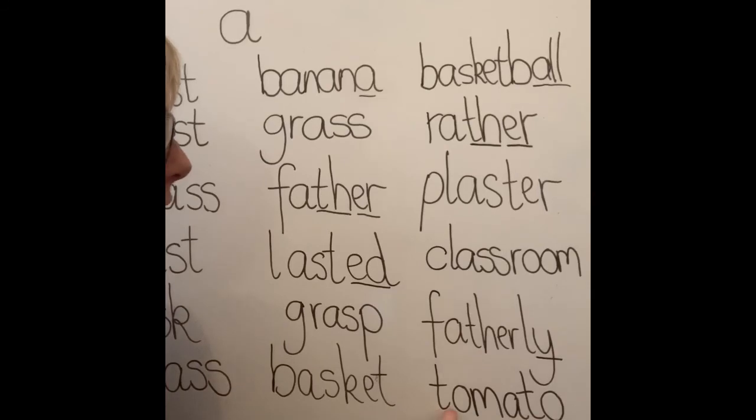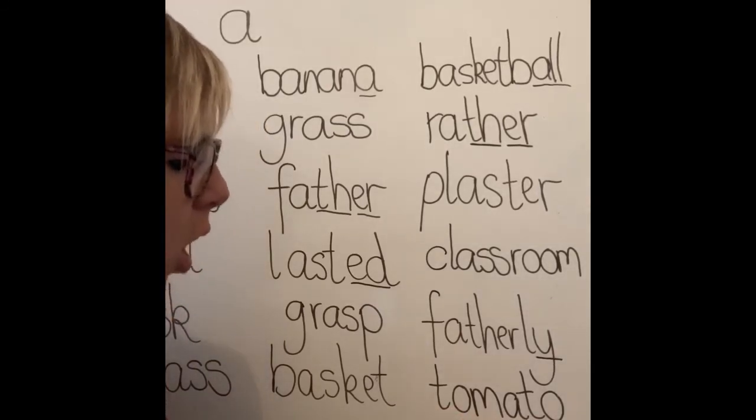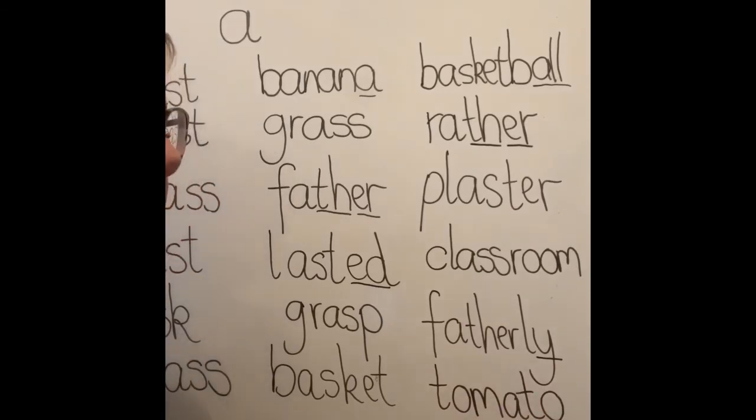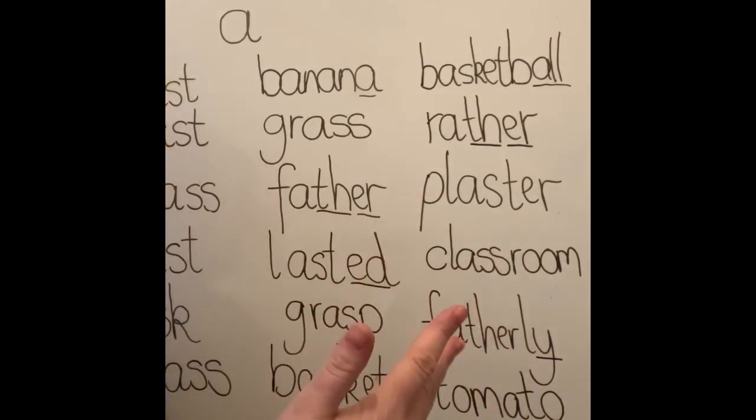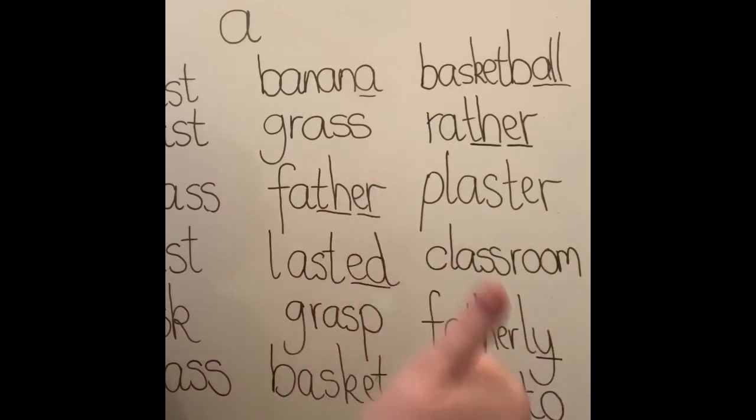So t-o-m-a-t-o. O and O. No wonder the English language is so confusing. Tomato. T-o-m-a-t-o. 6 sounds for tomato. That is all our words for the week.